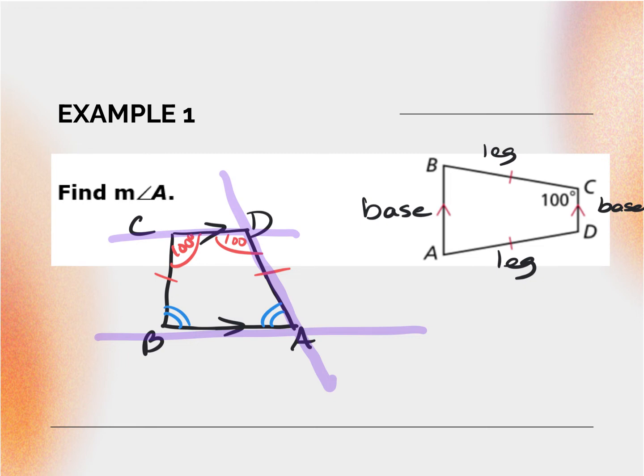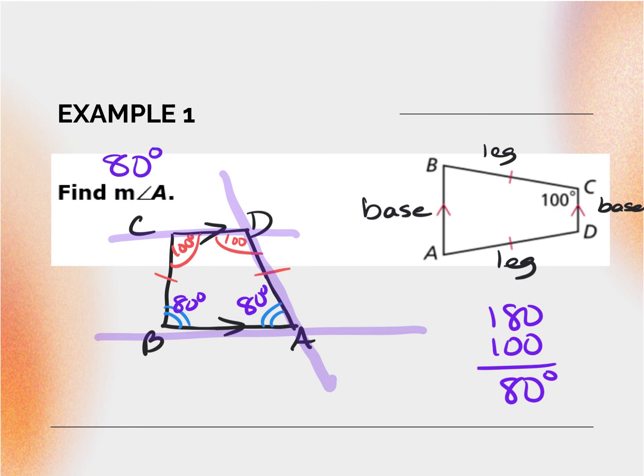So to find the measure of angle A, all I have to do is 180 minus 100, and angle A will be 80 degrees. And so will angle B, because these are the congruent base angles.